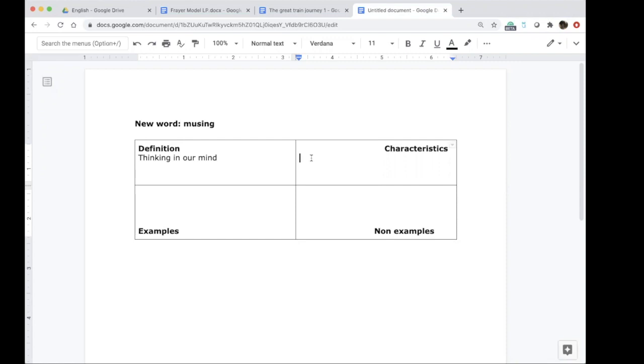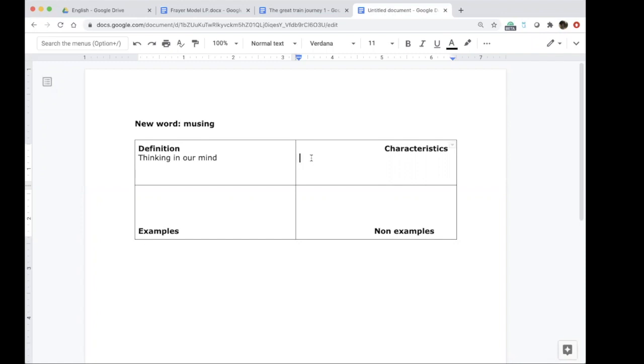So try to find some other characteristics. So wait 1 minute. Yeah. Anyone else can also raise a hand and help. We have to find the details about thinking.